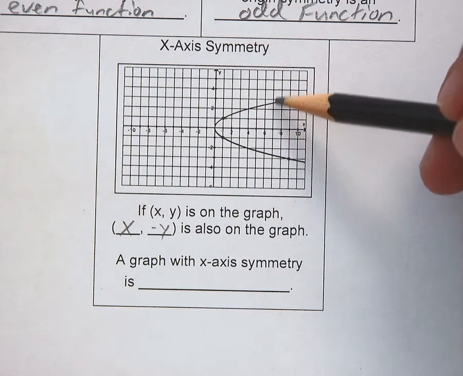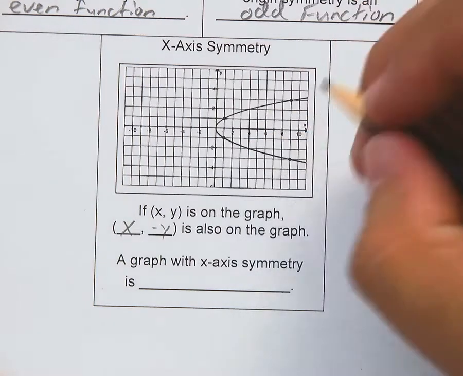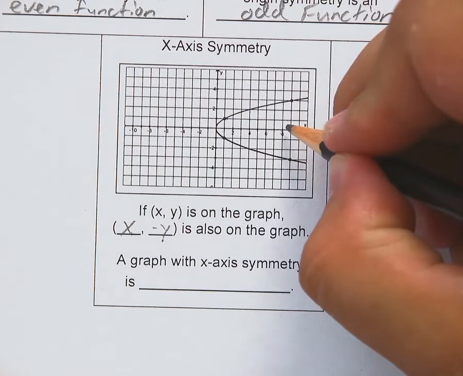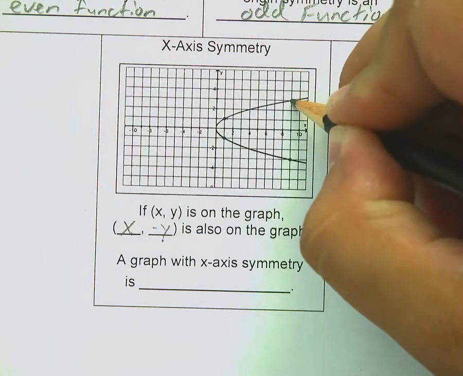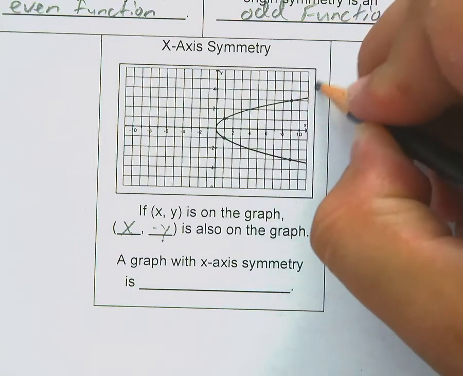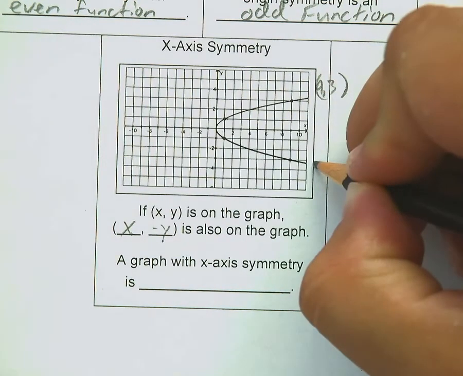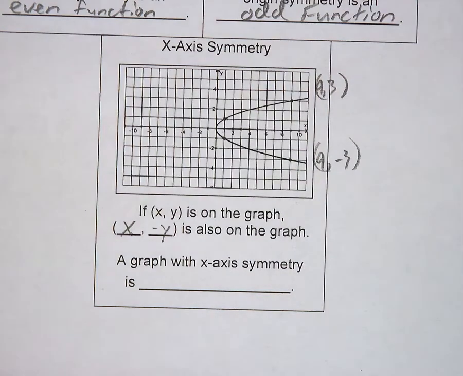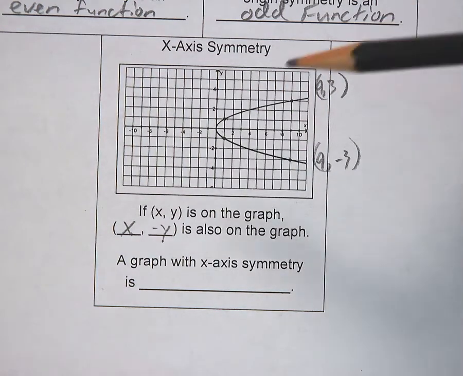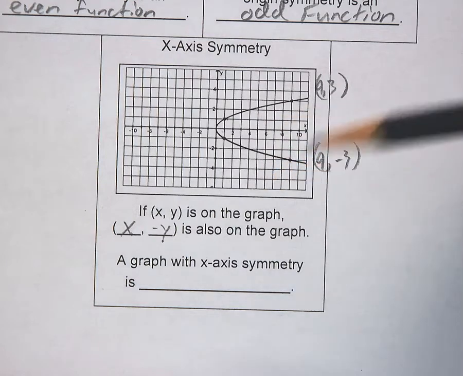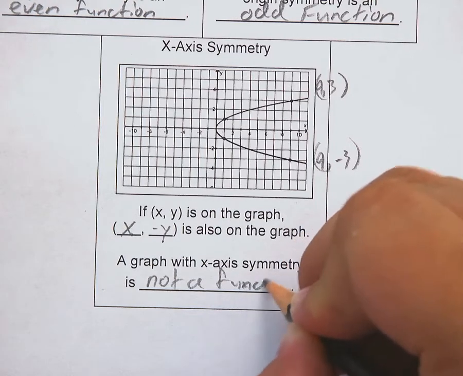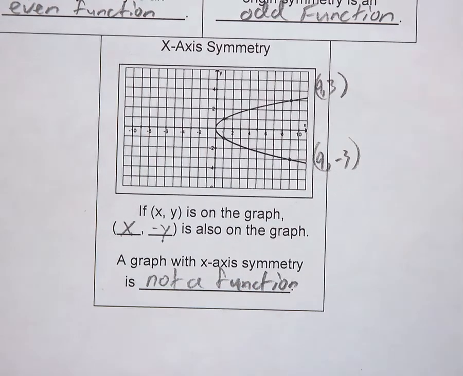So like here we've got 9 comma 3. You know that 9 comma negative 3 has also got to be on there, which it is. Now if you have x-axis symmetry, that means that it is not a function. Okay?